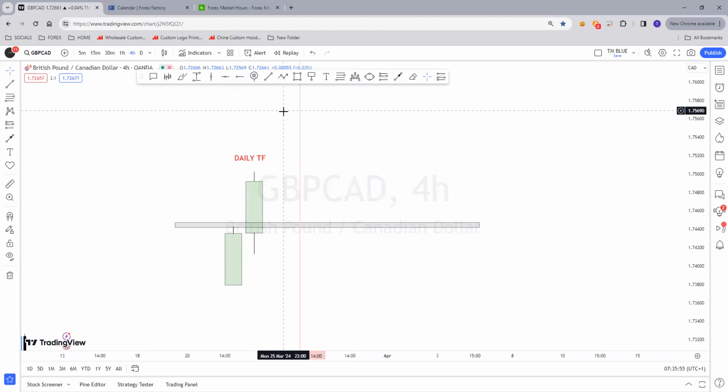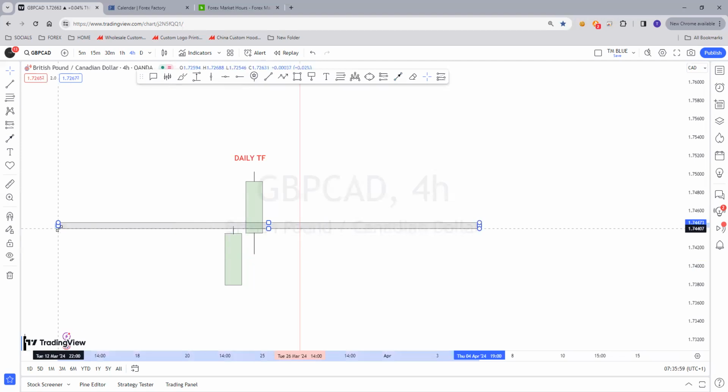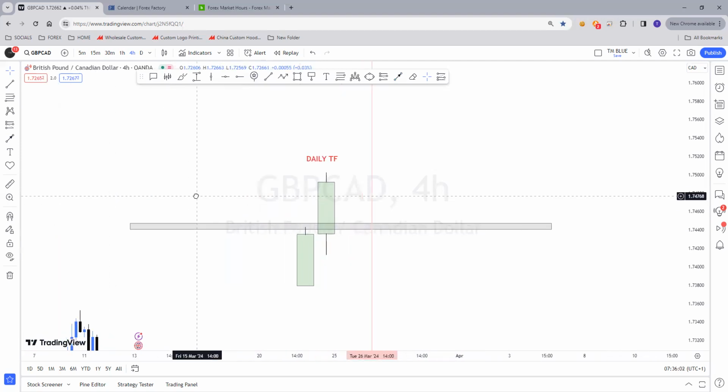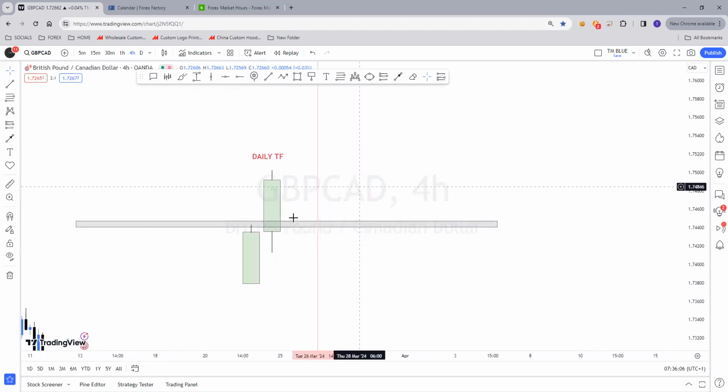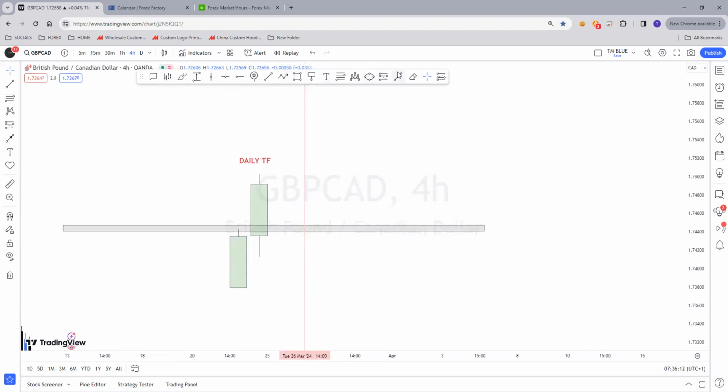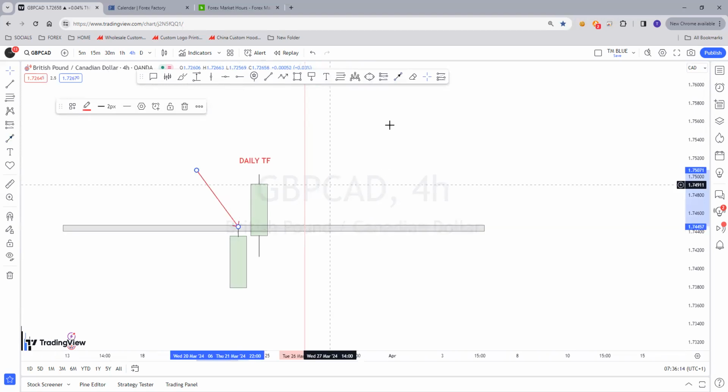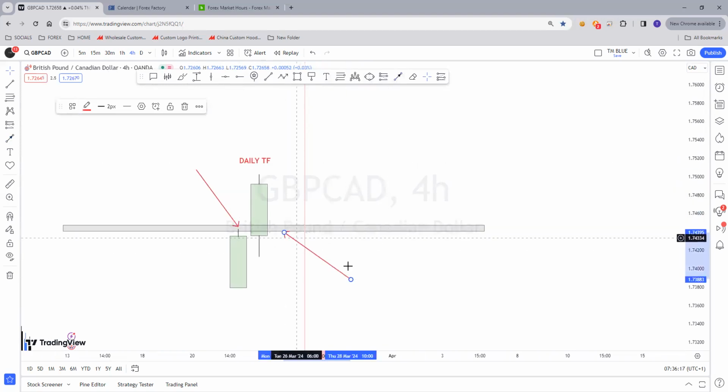Let's say previously this was also a key resistance and support area, wherever this is. Now take a look at what happens here. Obviously the market has reacted, goes down a bit, then pushes up. We've now closed above this resistance. It was acting as resistance, and it now needs to be turned into a support.